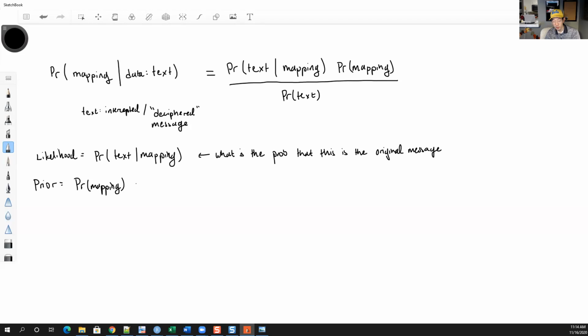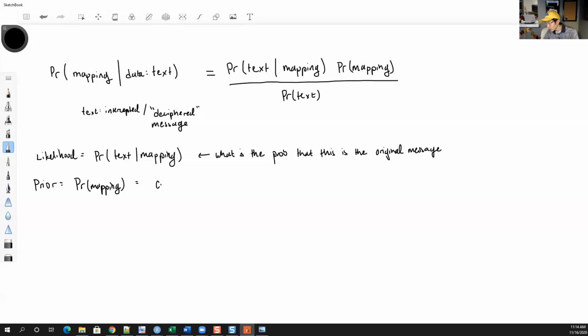What we're going to say is that prior to looking at the data, we don't really have any reason to believe that one set of letter substitutions is more likely than another.